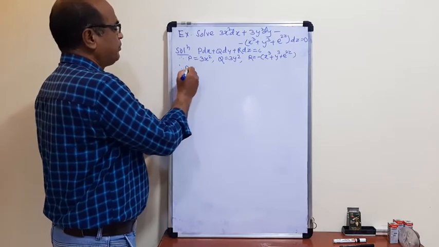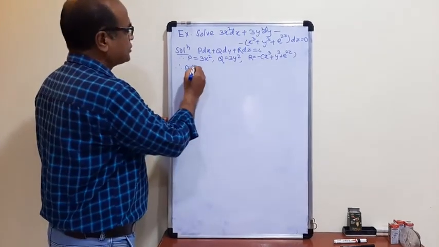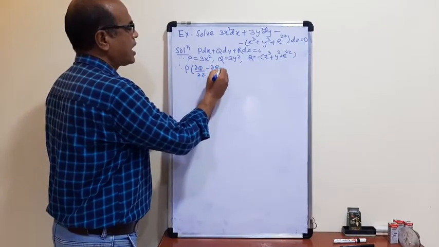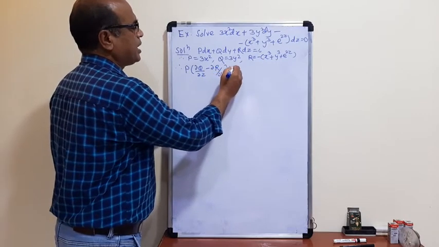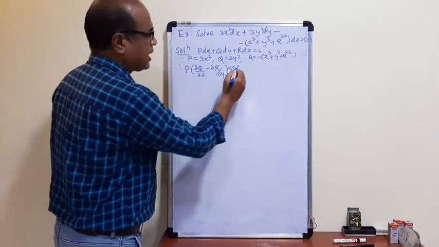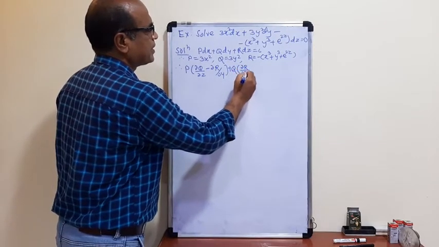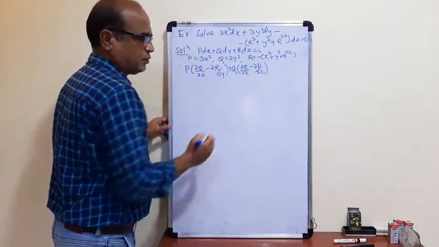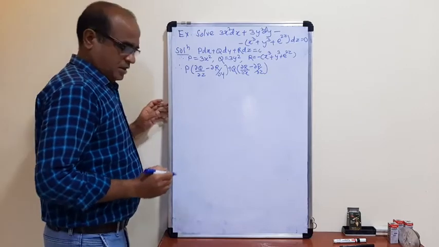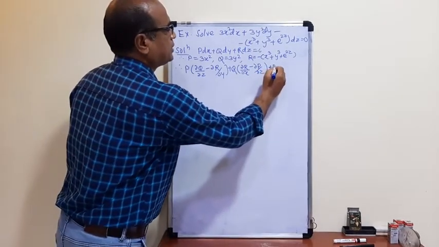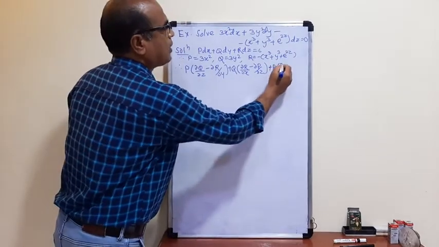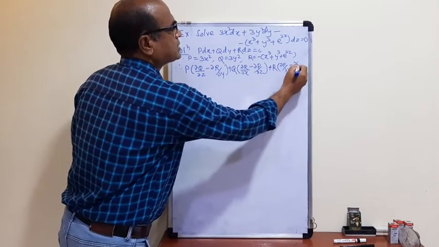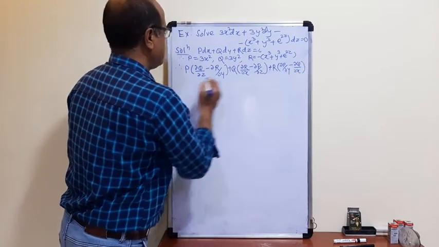P into bracket dou q by dou z minus dou r by dou y, plus q into bracket dou r by dou x minus dou p by dou z, plus r into bracket dou p by dou y minus dou q by dou x is equal to 0.